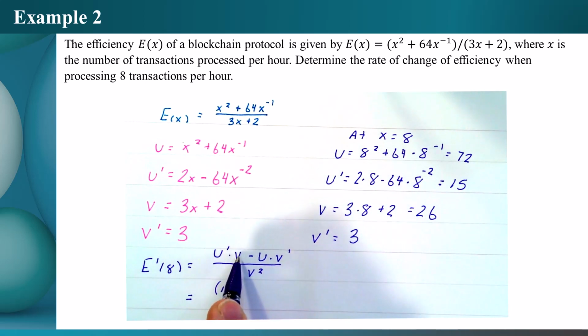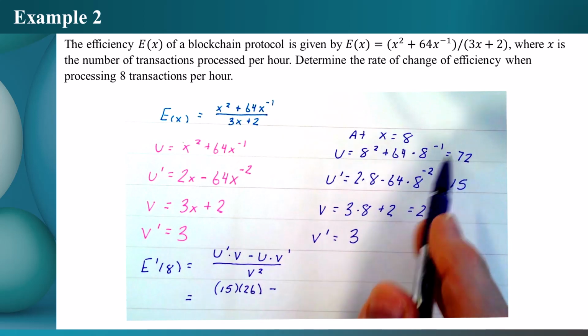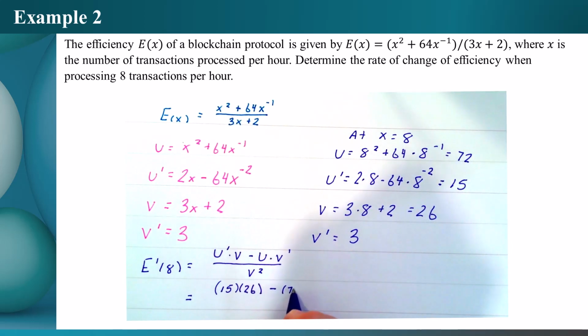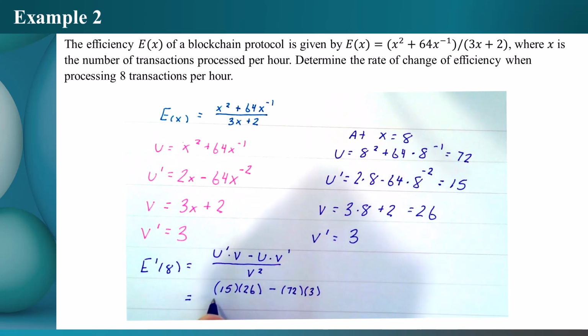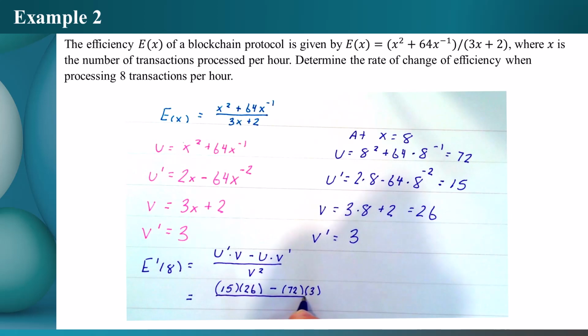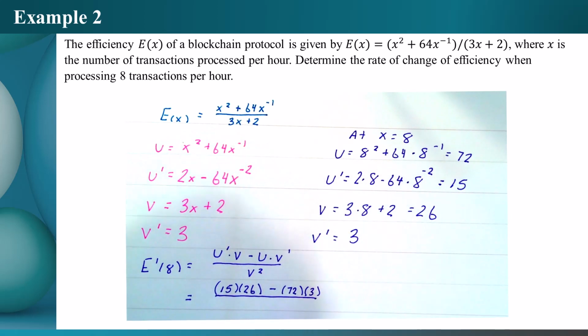And I'm multiplying that by v, which is 26. Minus u, which is 72. And I'm multiplying that by v prime, which is 3. And all of that goes over v squared. So that goes over 26 squared.